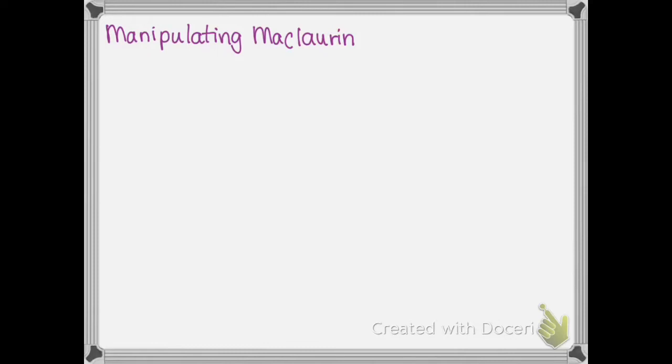We're going to start out by finding the Maclaurin series for cosine 2x. Let's find the first 4 non-zero terms, and the general term.